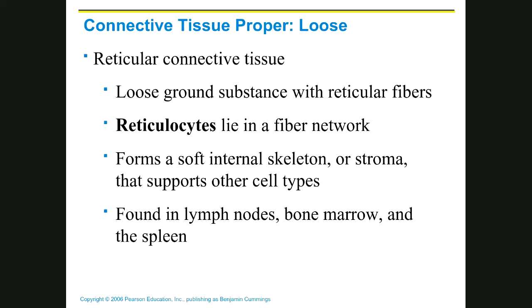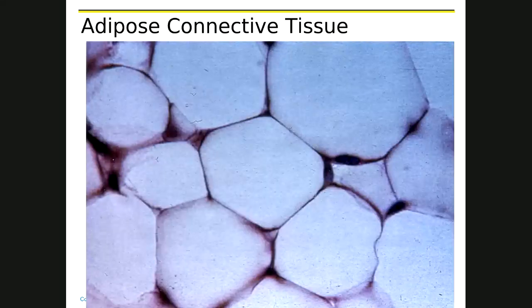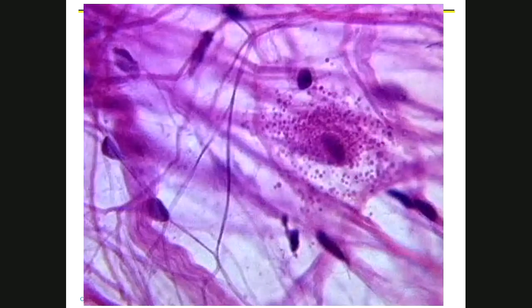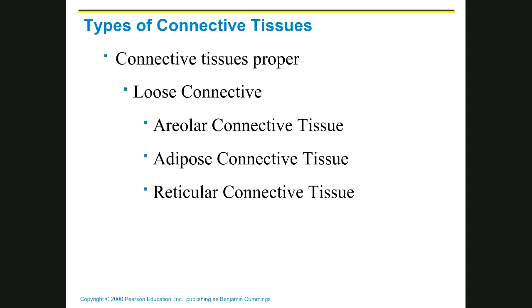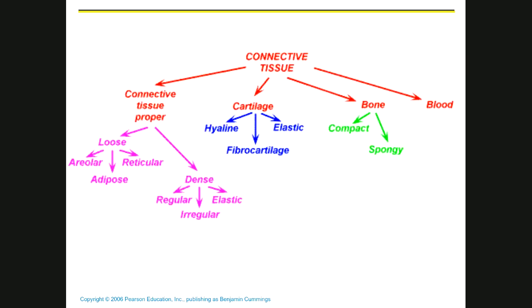So, we go back again: start with this mesenchyme, turn into these adipoblasts. Adipoblasts produce the fat, and we got adipose tissue.